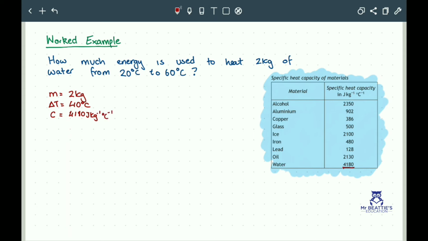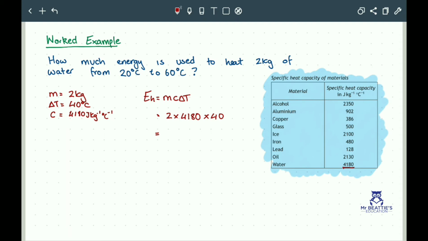The next step that we do in all calculation questions is we write down our equation, and that's our first mark in a 3-mark question, remember that. Our second mark comes from subbing in our values, so we'll have 2 times 4180, and then that will be multiplied by 40, and that is our second mark for putting in our values in the correct places.